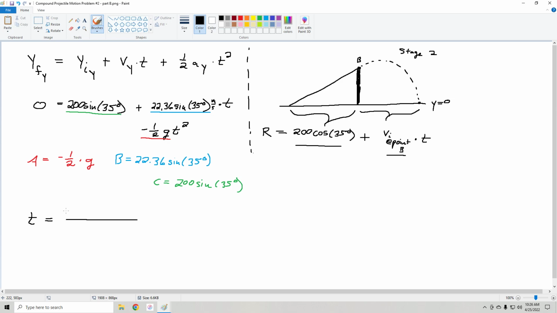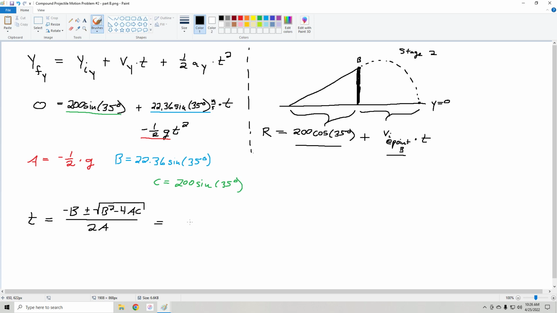how does the quadratic formula go? I believe it's minus b plus or minus the square root of b squared minus 4ac all over 2a. And I'm not going to plug all this in here. It's pretty easy to do. If you solve this correctly, you will end up with 2 times.